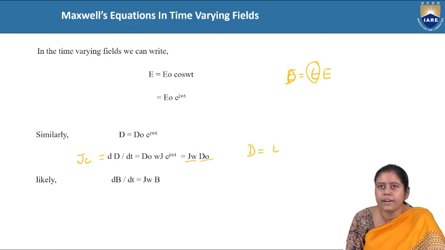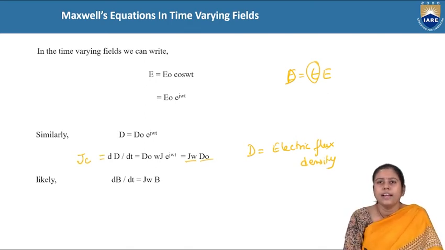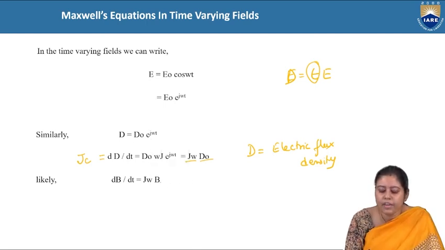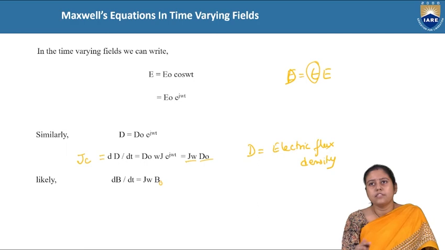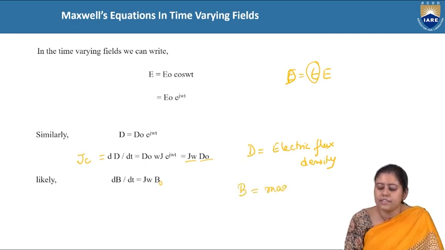D is nothing but the electric flux density. If we use the same formula for the magnetic flux, we will get dB by dt equal to j omega B naught, where B is the magnetic flux density. This is nothing but the magnetic flux density.